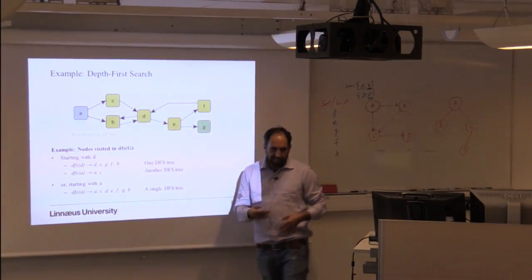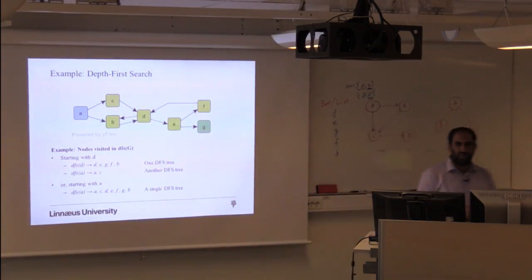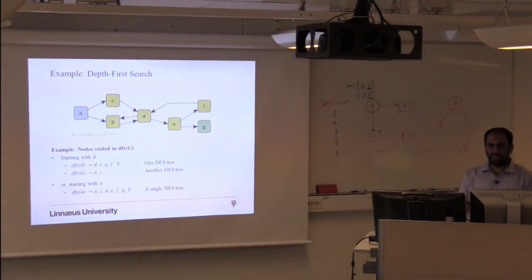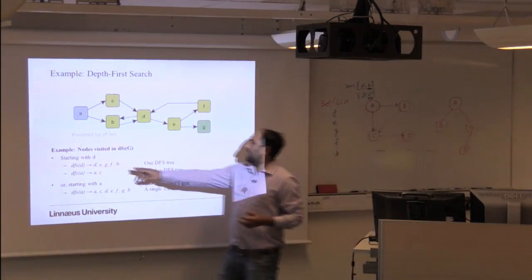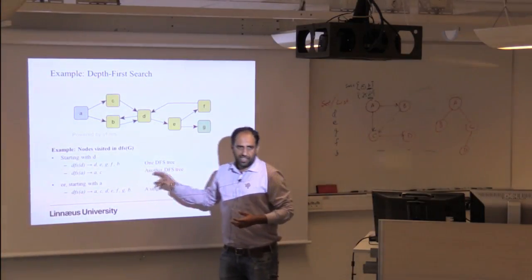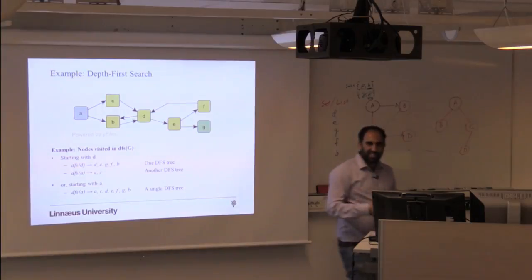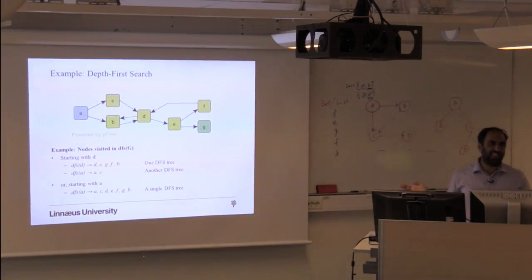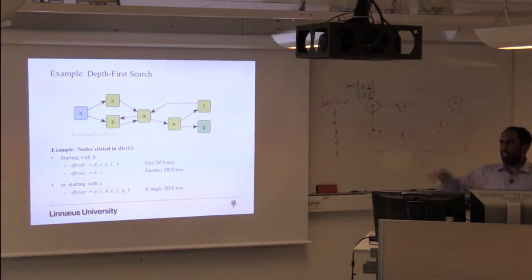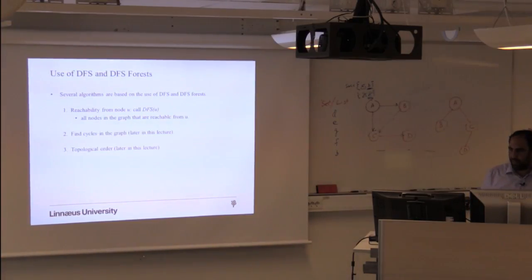These different sequences of nodes that you get by using DFS can each be represented as one tree, and then as a concept in general life, if you have multiple trees, the multiple trees become a forest. So if you have a bigger graph where the depth first search results in several different trees, those trees will become a forest.